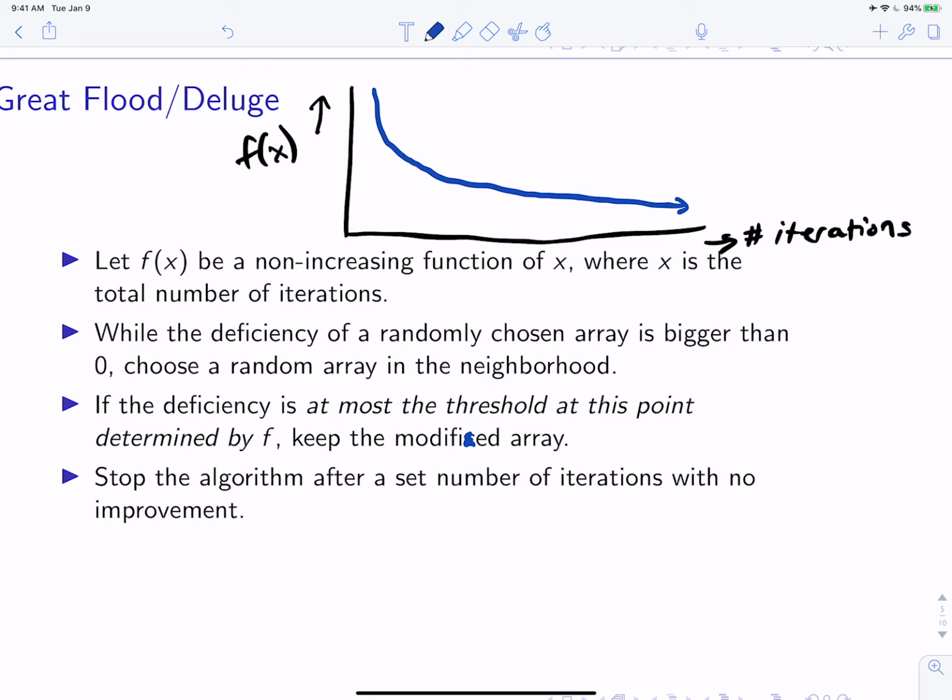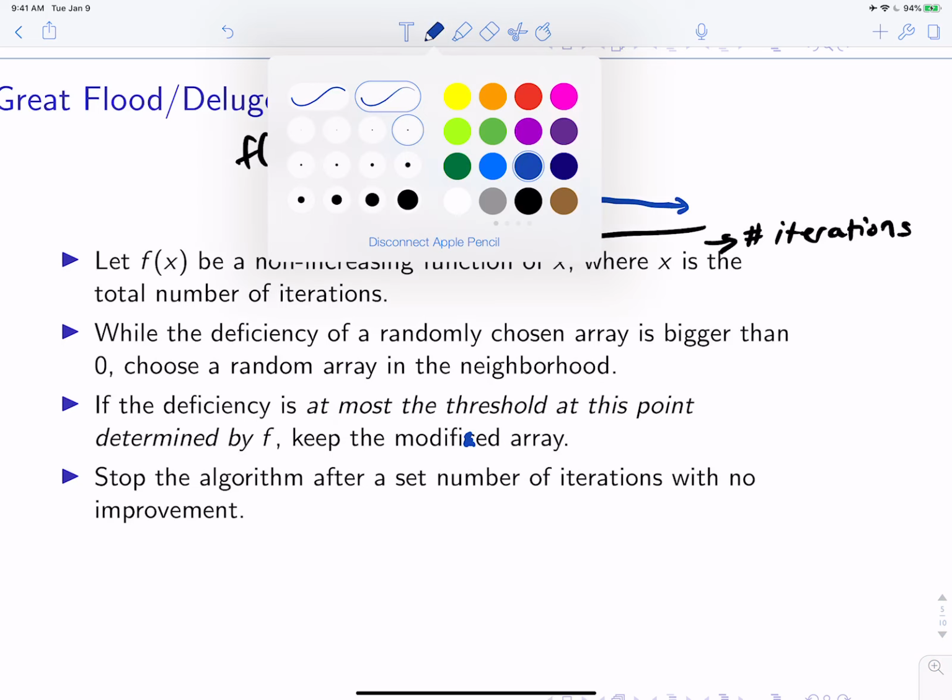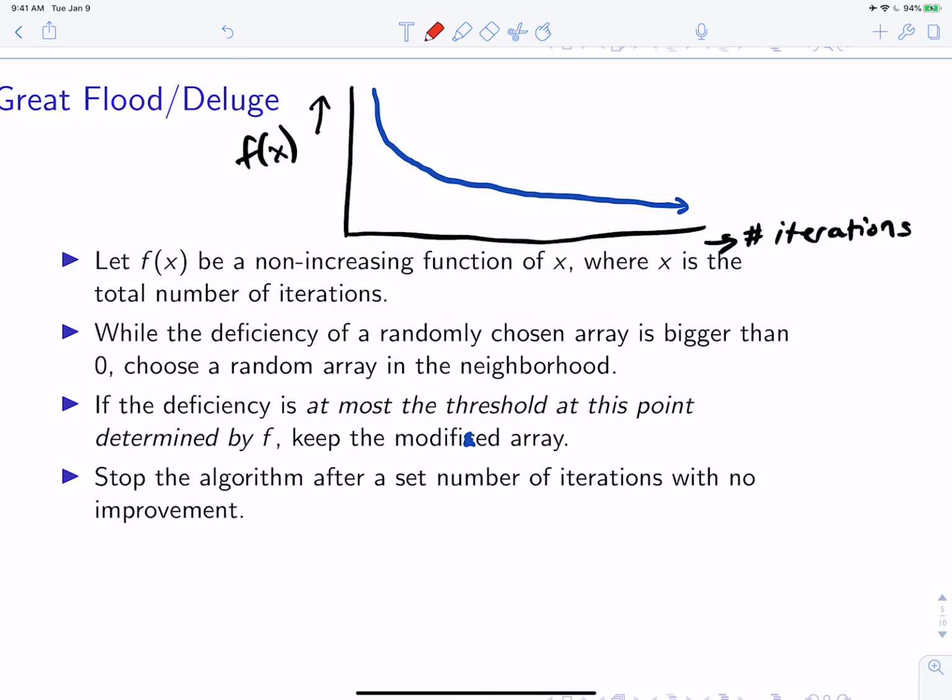And what we're going to do is, at each moment in time, we're going to accept the array if we are below that function. So if we, for example, have an array that's right here where we made a change, then we're going to accept it.